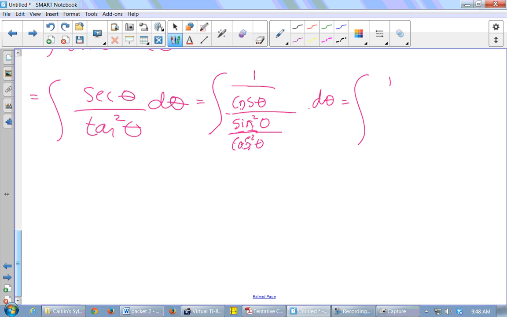So this is 1 over cosine theta times cosine squared theta over sine squared theta d theta. So one of my cosines will cancel. So now I have cosine theta over sine squared theta.